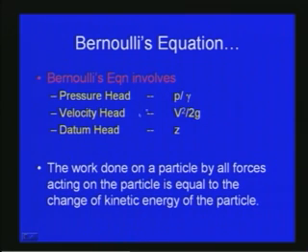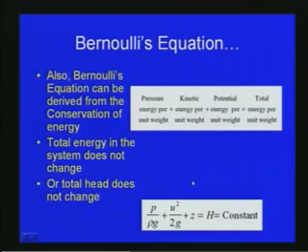With respect to this, the work done on a particle by all forces acting on the particle is equal to the change of kinetic energy of the particle, for the particle on the streamline we are considering.